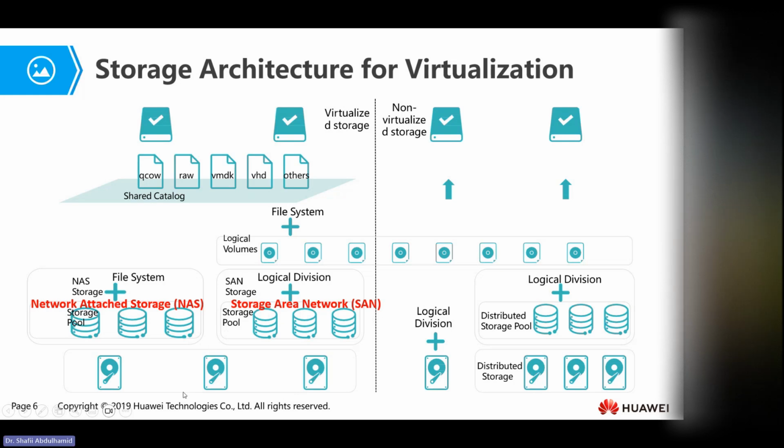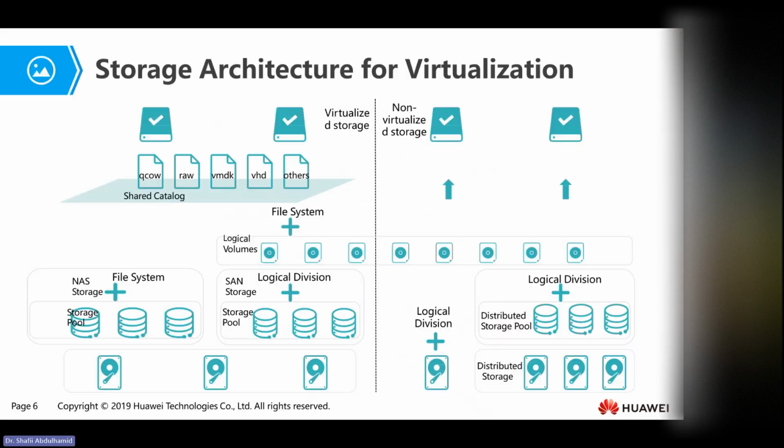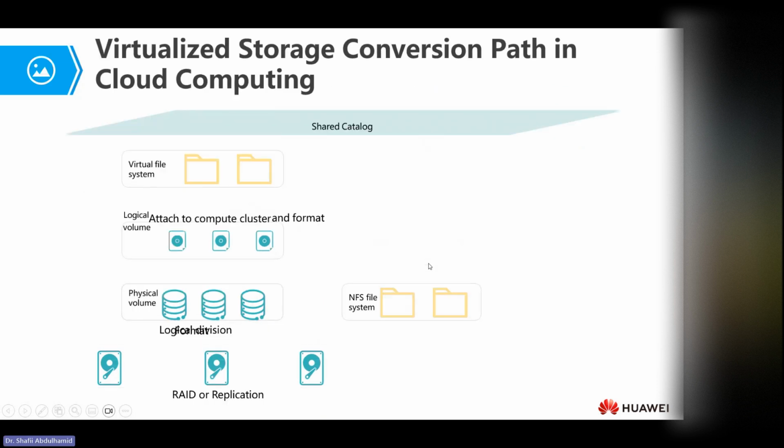If you want to see the explanation, I also put the explanation down here. Though I did this just today, so I will need to upload or update these slides for you on the Blackboard later with additional information. So as we said, the shared catalog is basically where files are stored.